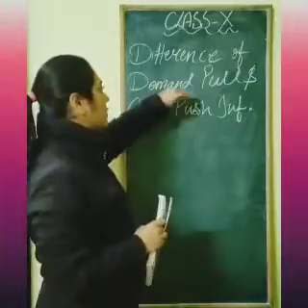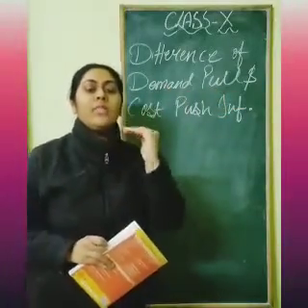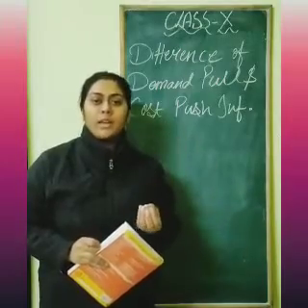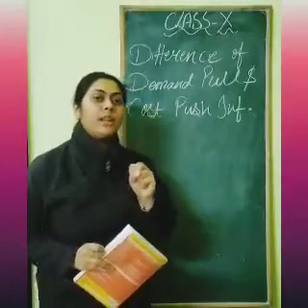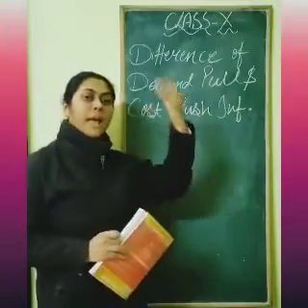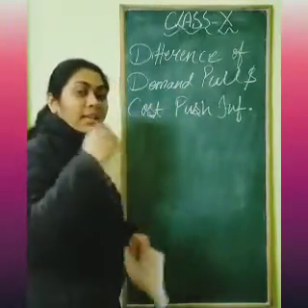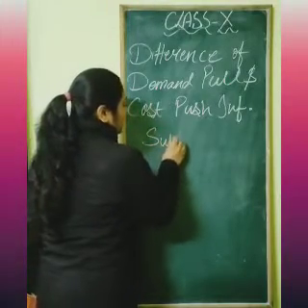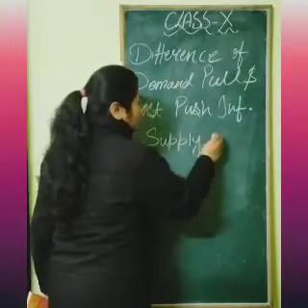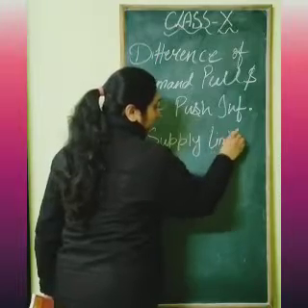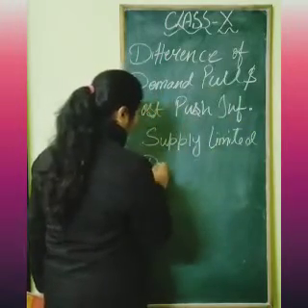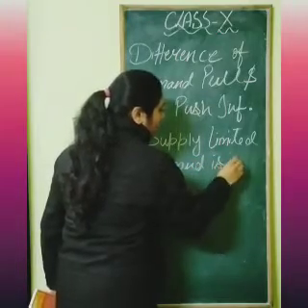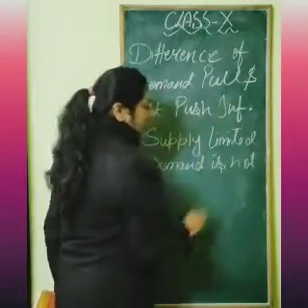Children, you know that demand pull inflation happens when there is excess demand than the available supply. The supply is limited, but demand is not limited.